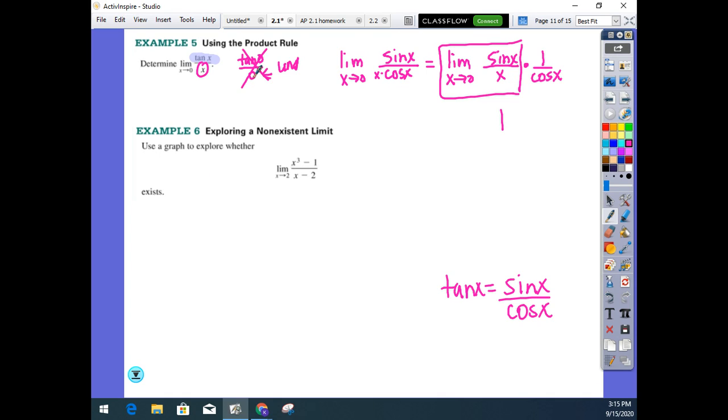All right, so I don't need to plug it in here because I know the limit of this is 1. But now I can plug in my 0 for this particular value because what is cosine of 0? 1. So I get 1 times 1 over 1, which is just 1. So there's many different ways we can manipulate things.